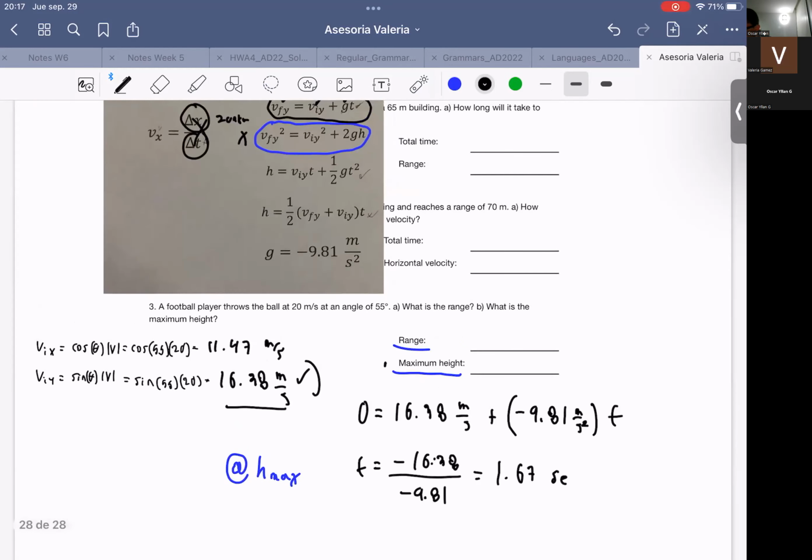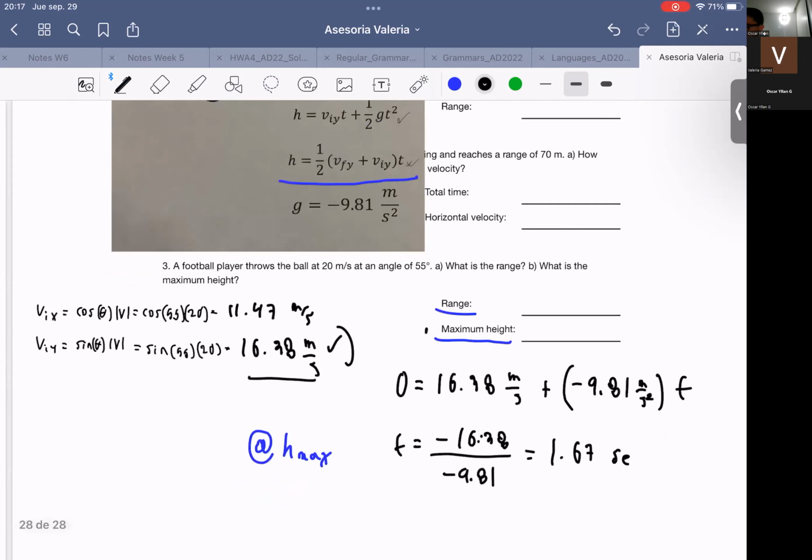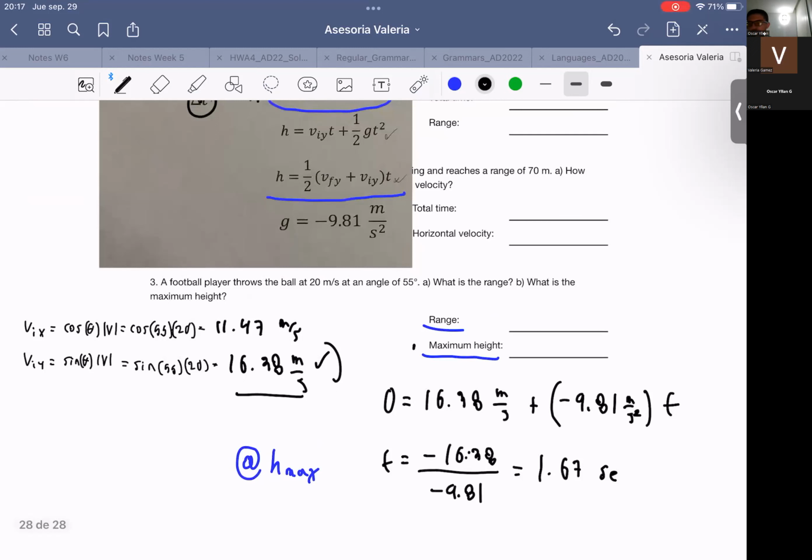Now we have the time. Now, yes, we can use this formula, the one that I was telling you. I skipped one step, but yes. Now we have the final velocity, the initial velocity, and the time, so we can get the maximum height.